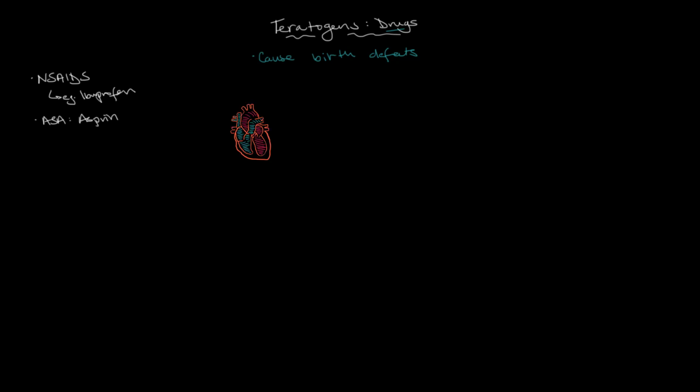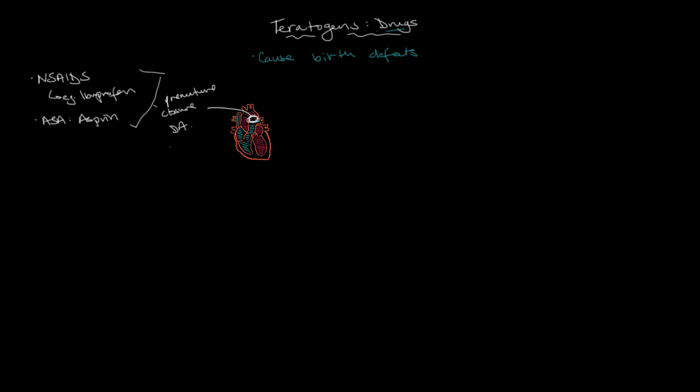And the reason for this is that both of these drugs cause premature closure of the ductus arteriosus. So if you don't remember, we covered this in the fetal circulation videos. So this causes premature closure of the ductus arteriosus.